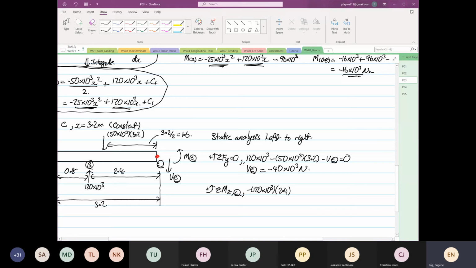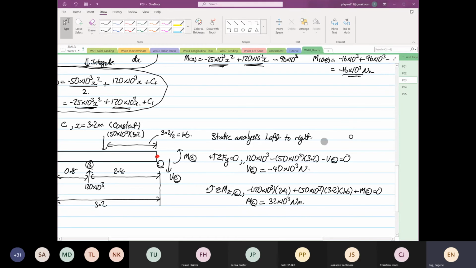Then the next one will be plus 50 times 10 to the power 3, then multiply by 3.2, and then multiply by 1.6, and then plus the moment about point C. So the moment about point C will be equal to 120 power 3 times 2.4 minus 50 power 3 times 3.2 times 1.6. So it's equal to 32,000. So 32 times 10 to the 3 Newton meter.